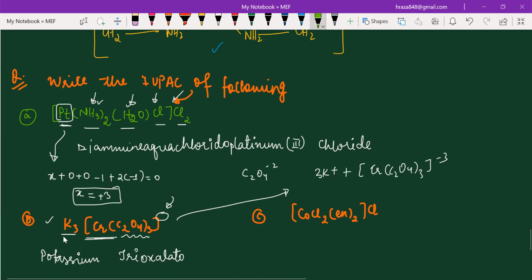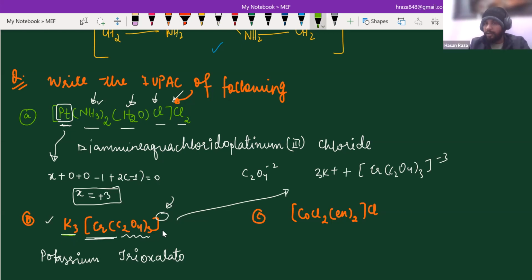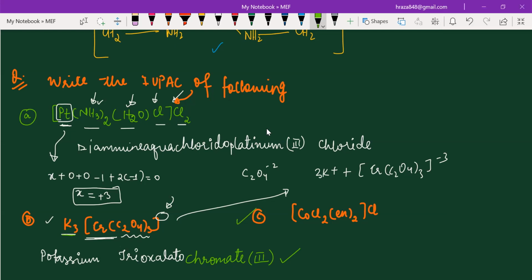So whenever you get a positive counter ion and there is a hidden negative charge, the name of chromium becomes chromate, and then write the oxidation state, which will be 3, and the naming is completed. Is that clear? Please do the C part. Yes, sir.